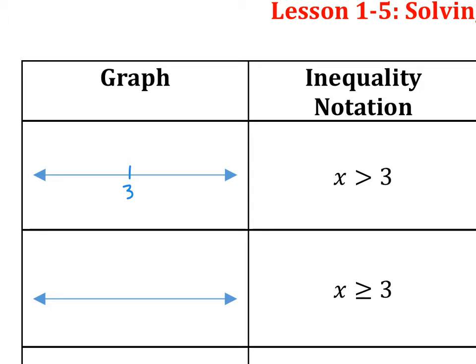And so because it's greater than 3 but not equal to, we put an open circle, meaning it's not equal to 3. And then we want all the numbers that are greater than 3, so we draw an arrow pointing to the right. Or some of your teachers may have shown you in the past to shade this part bigger than 3. That is also correct. So both ways are fine.